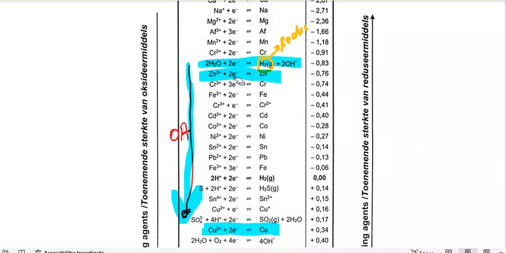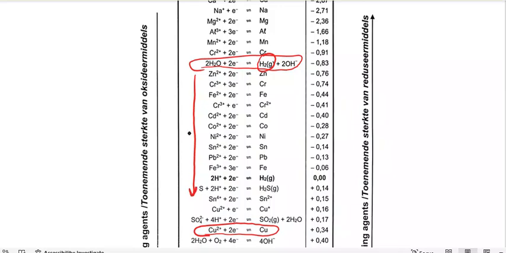So the table. Where is copper? Here is the copper, and the water that forms hydrogen. The arrow pointing down on this side and the arrow pointing up on the other side: pointing up refers to the reducing agent, pointing down refers to the oxidizing agent. The lower arrow is a stronger oxidizing agent, which means copper ion is a stronger oxidizing agent.